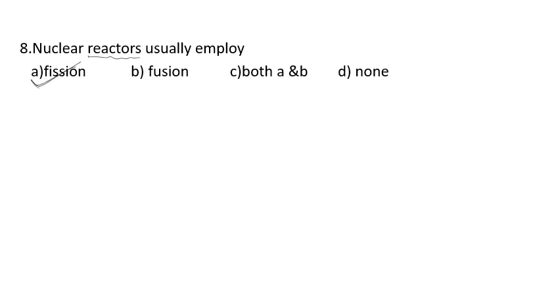Usually we employ nuclear fission, but in the case of the sun there is fusion of elements, fusion of hydrogen, which makes more heat. But in nuclear reactors we use the fission method. Okay.